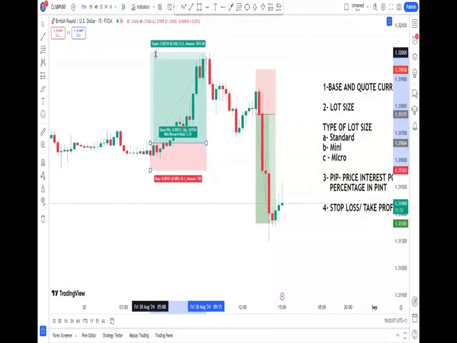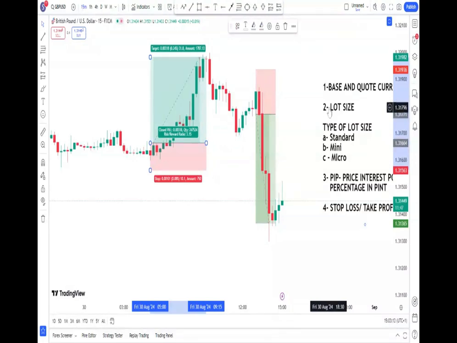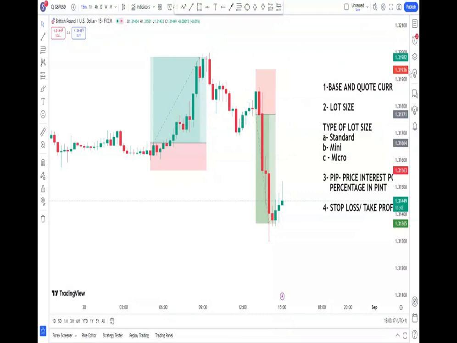This is where I want the market to reach. The particular number you are seeing from the right side, greenish, is telling you that if the market reaches this particular point, I want my broker to automatically close my trade and credit my account with profit.